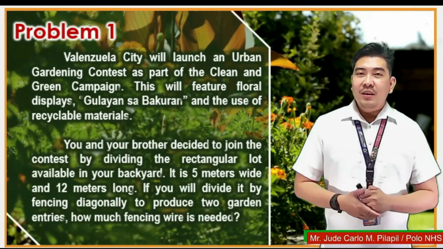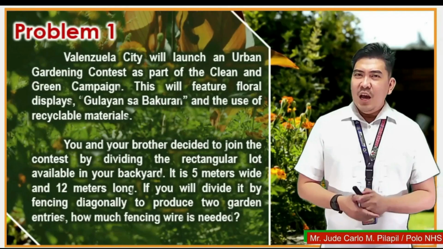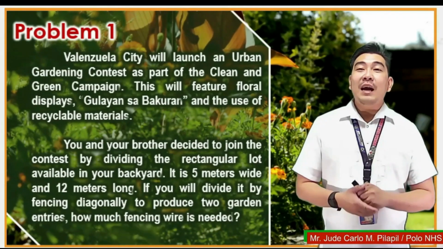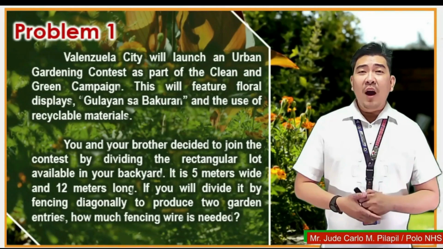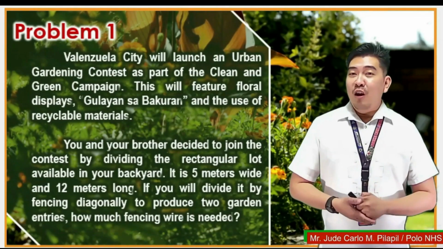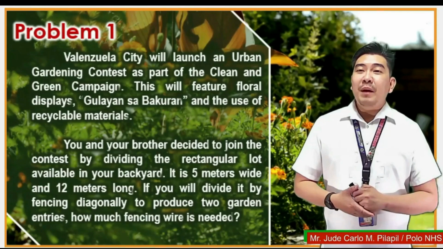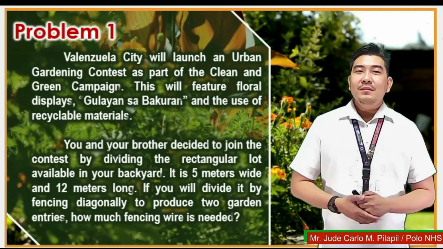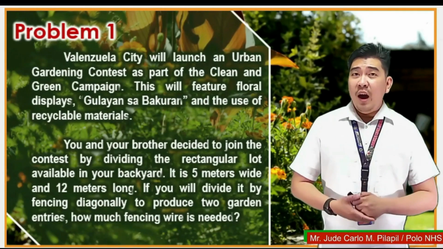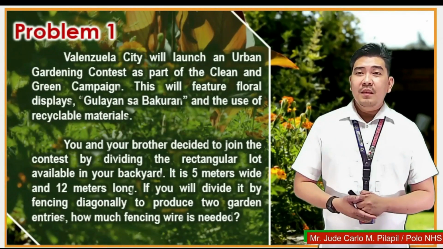You and your brother decided to join the contest by dividing the rectangular lot available in your backyard. It is 5 meters wide and 12 meters long. If you will divide it by fencing diagonally to produce 2 garden entries, how much fencing wire is needed?